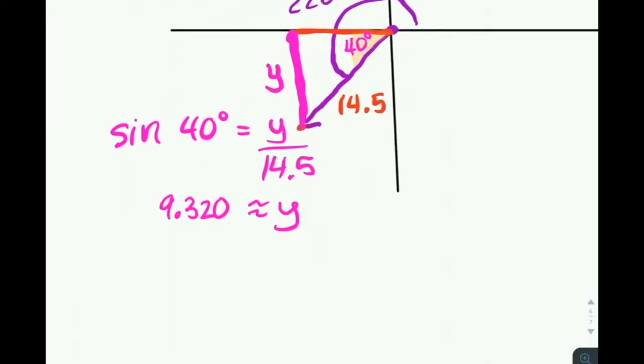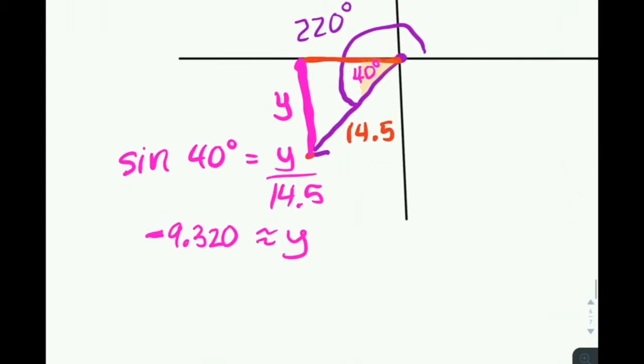Since I used 40 degrees, my reference angle, I'll actually have to think about the fact that this is in quadrant 3, so it should be a negative y value. You could have also done 220 degrees here. I just like to think about it in terms of a triangle, so it makes more sense to me to use a 40 degree angle and then get your negative later. You can do either.